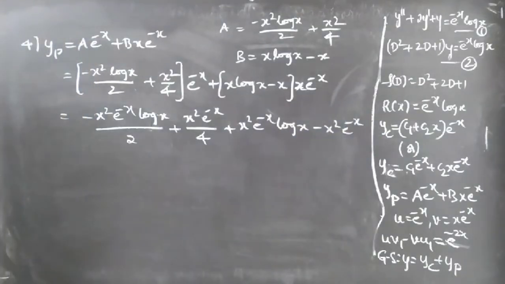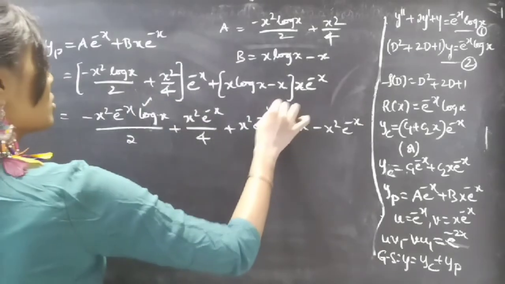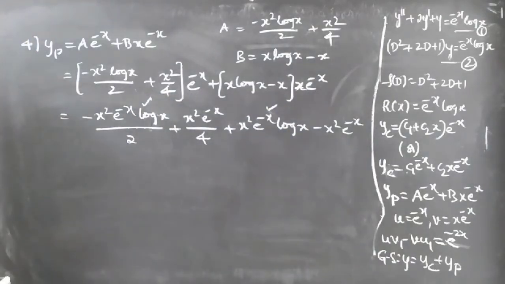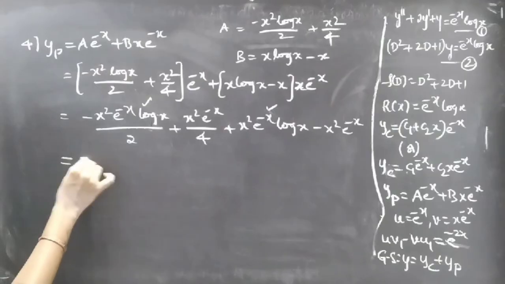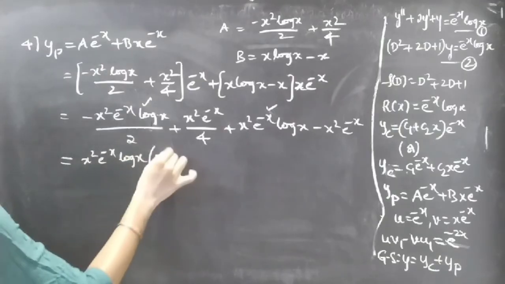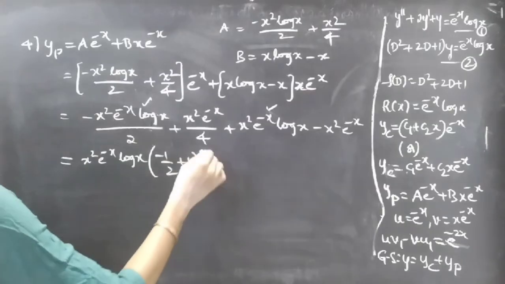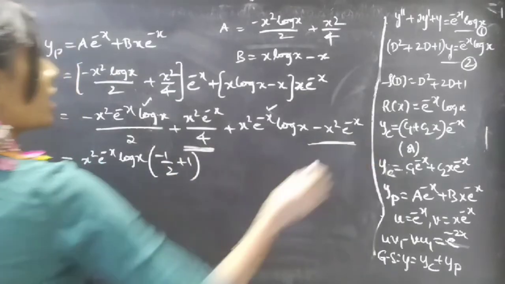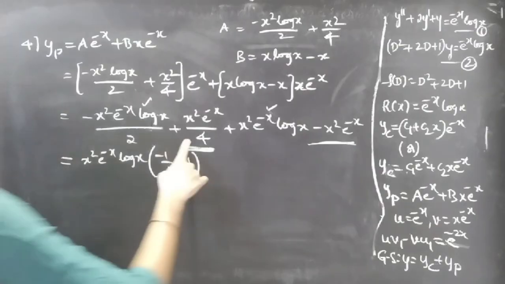Now take x square e power minus x log x from these two terms. We'll get x square e power minus x log x of minus 1 by 2 plus 1, and take x square e power minus x common from these two terms.